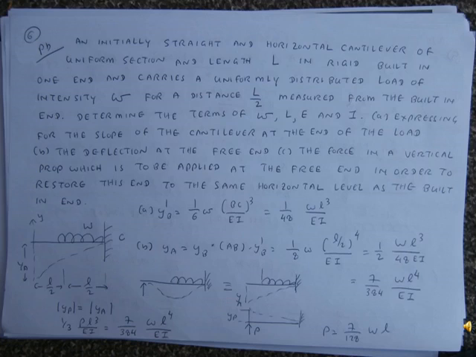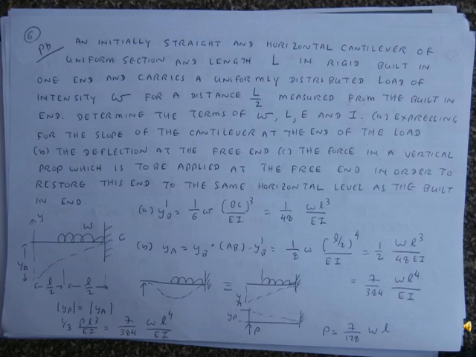In this case, the force P is equal to 7 divided by 128 WL. So YB is equal to YA, so 1/3 PL cubed by EI is equal to 7 divided by 384 WL to the power 4 by EI. So we can draw the loading diagram. Crossing this diagram, the beam will be bent. So in this case, we suppose the beam is not to bend.